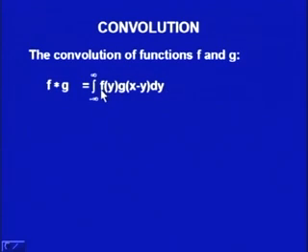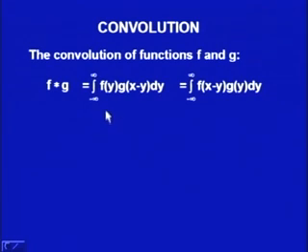If I make a change of variable, assuming z equals x minus y, I can write this as the integral from minus infinity to plus infinity of f(x minus y) g(y) dy. What it says is that convolution is commutative: whether you write f first or g first does not matter. f star g is the same as g star f.